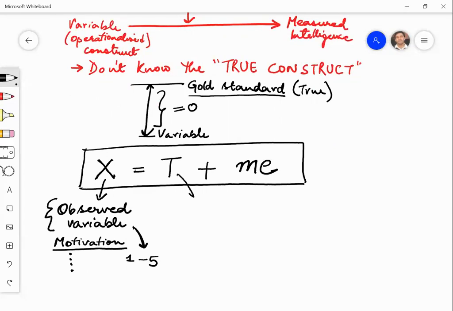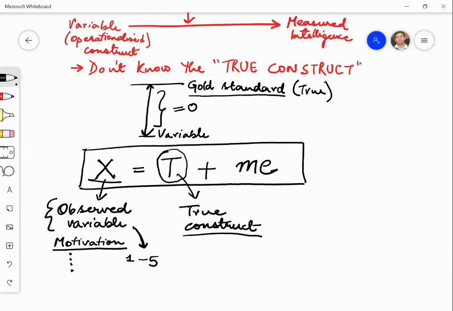Now, there is also something called the true construct. I tried to measure the construct, so that became my observed data. But through this observed, I wanted to capture the true construct, right? My aim was to actually get to the true construct, to the actual motivation or the actual intelligence variable.